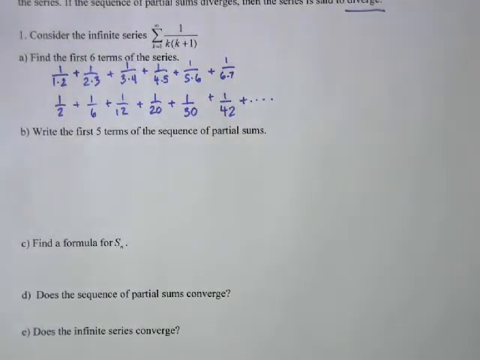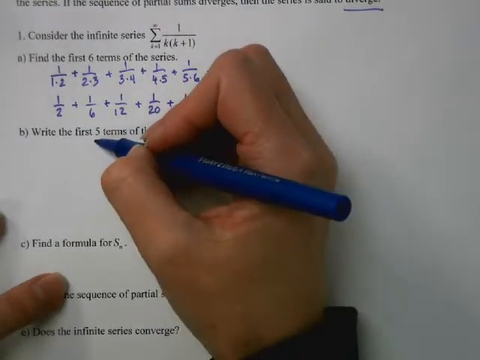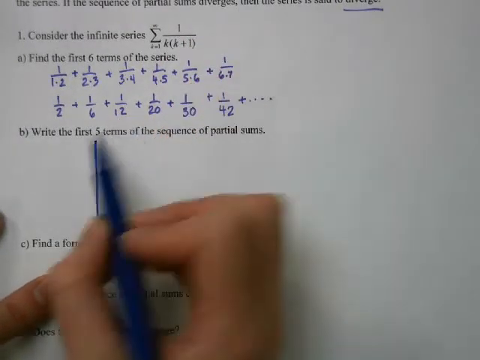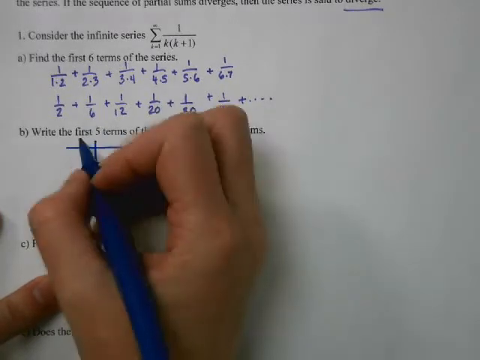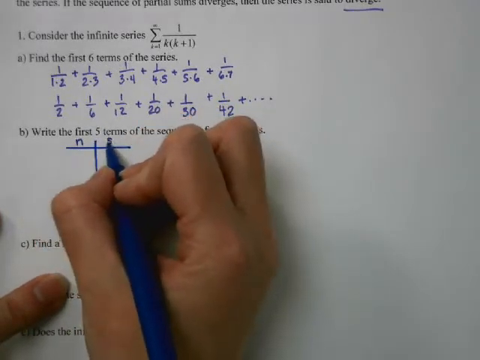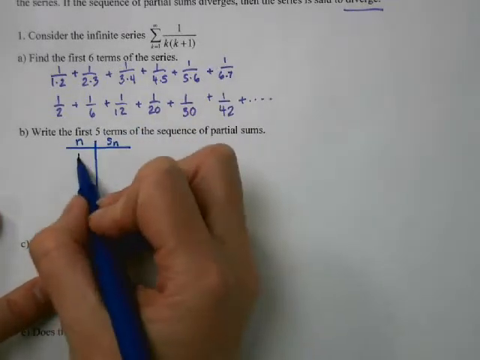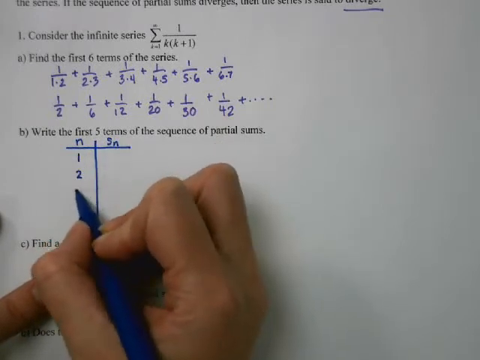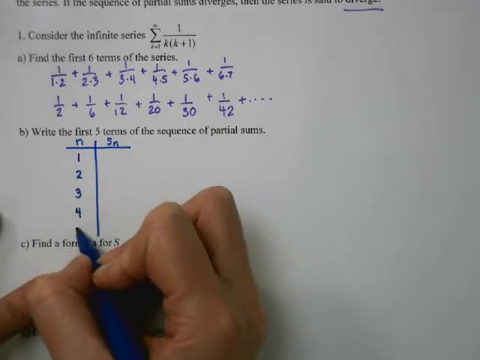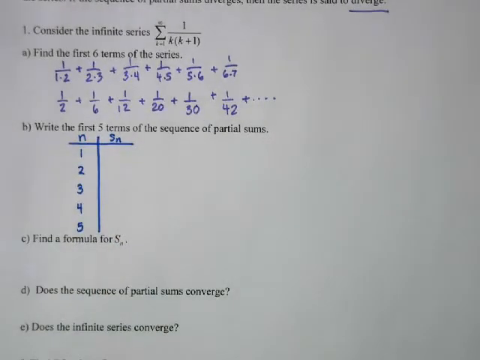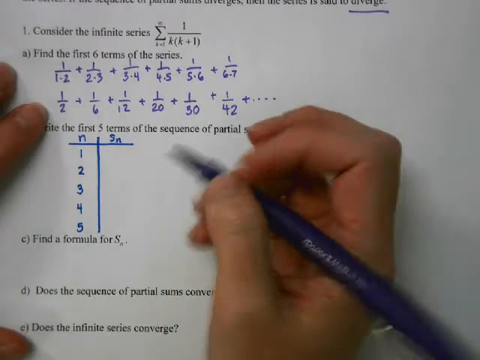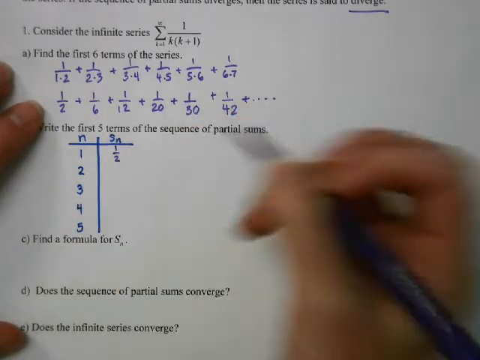Okay, now we're going to write the first 5 partial sums. I'm going to do this in a chart just to organize it. So I'm going to have n, Sn. n is going to be 1, 2, 3, 4, and 5. The sum of the first 1 terms is just going to be 1/2.